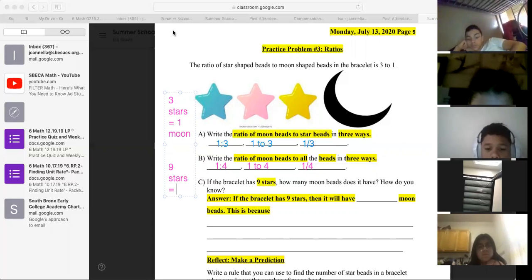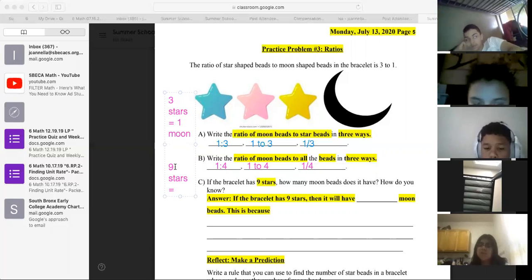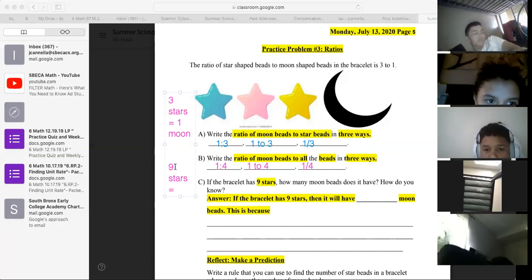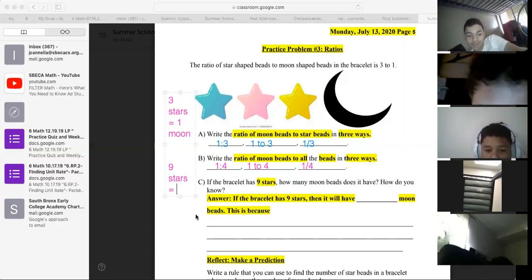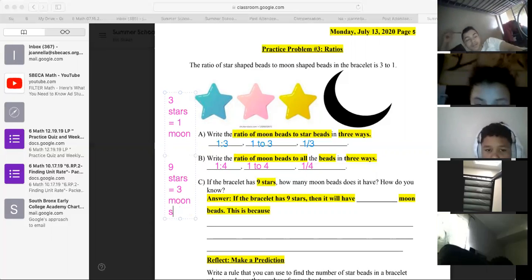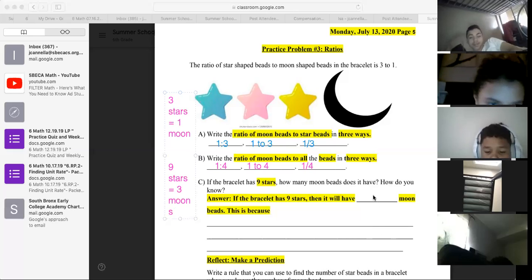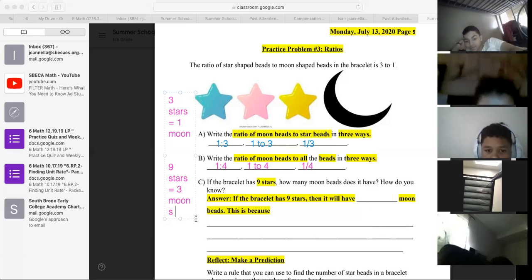How many moons? 3 times what is 9? 3 times 3. So if you multiply 3 times 3 to get 9, Lorenzo, what's 1 times 3? 3. So you need 3 moons.